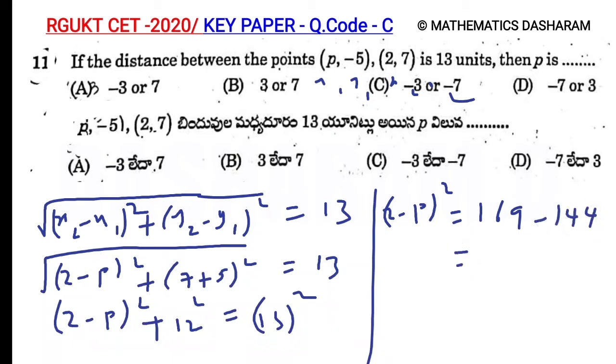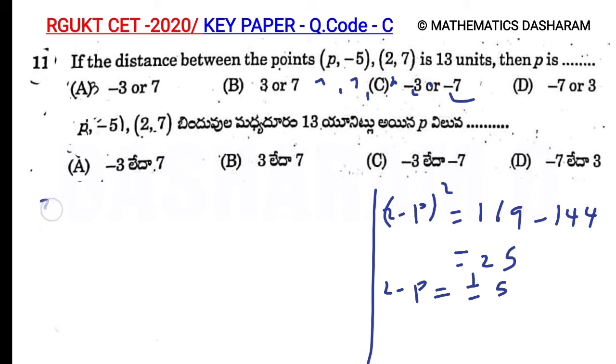So 169 minus 144 is 25. So 2 minus p equals 5. 2 minus 5 equals p. So the p value is... actually 2 minus p equals plus or minus 5. 2 minus p equals 5 is one answer, 2 minus p equals minus 5 is the second answer.